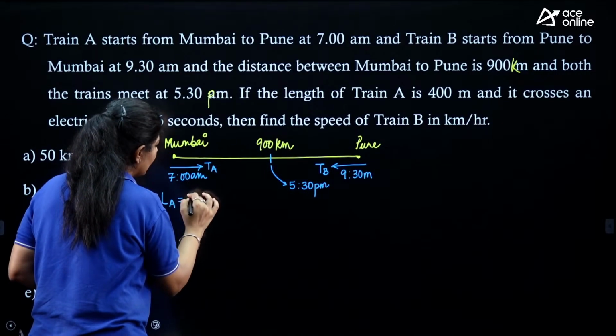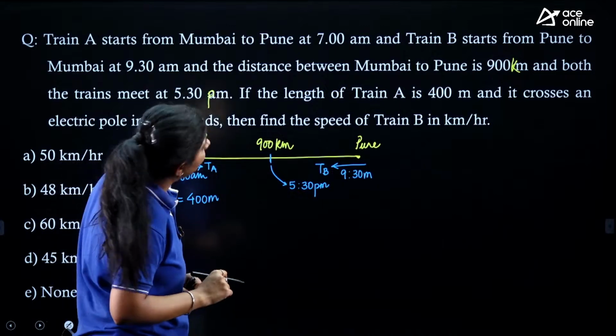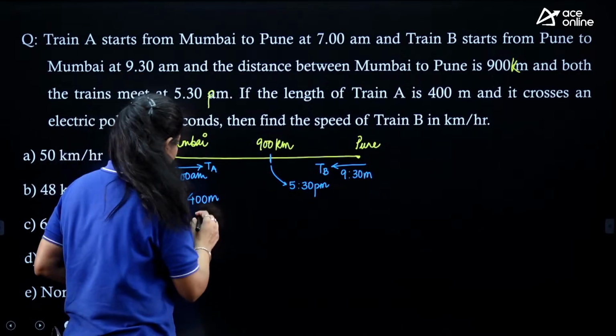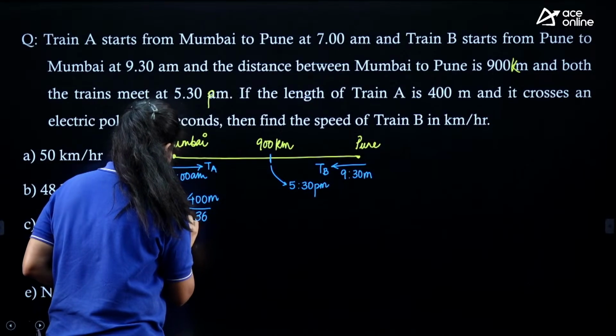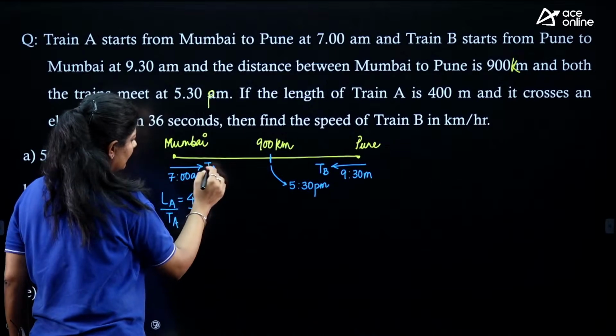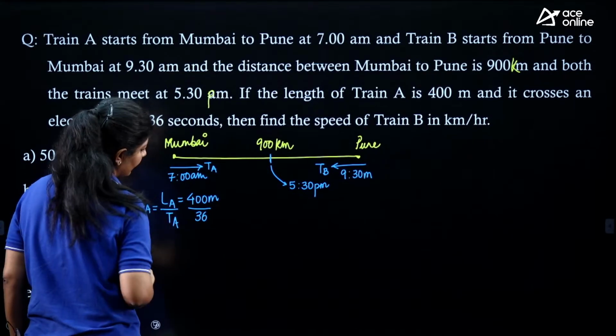The length of the train is given as 400 meters and it crosses an electric pole in 36 seconds. Okay. Time taken by train A, and ultimately we are getting the speed of train A, right?